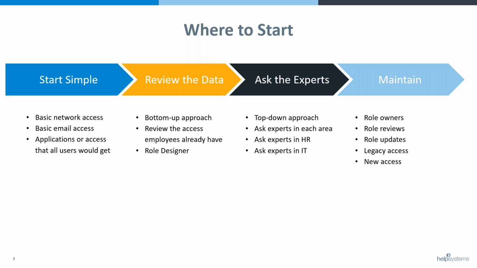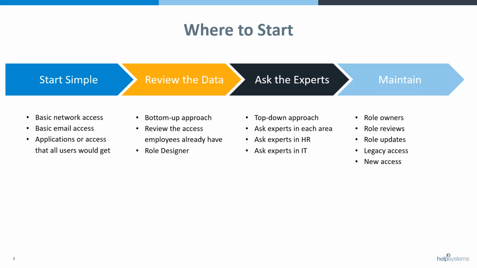To review the data, the bottom-up approach is to analyze the data that is already assigned to users in that organization. You determine similar access among groups such as job title, department, and location. For example, similar access assigned to users in the marketing department would be grouped into a marketing role. Similar access assigned to users with the job title of engineer would be grouped into an engineering role.